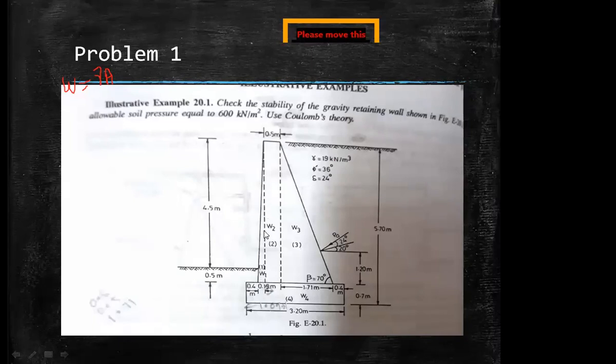What is the area of this first part? Are you able to see the first part in the diagram?